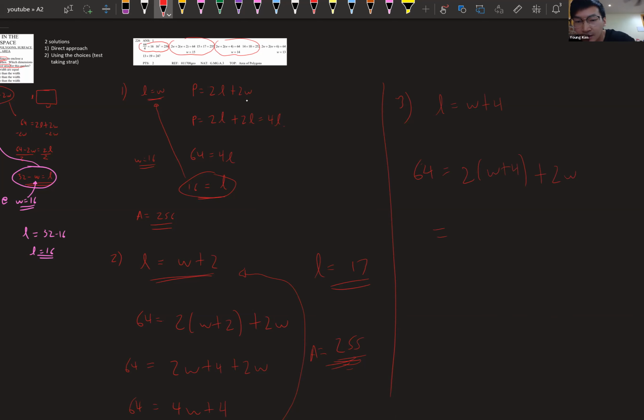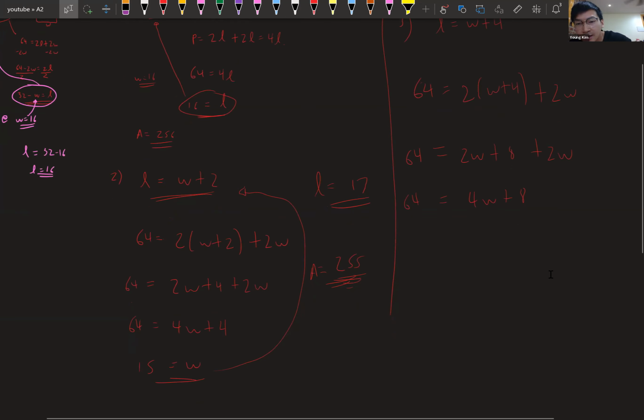Distributing and cleaning this up, you get 2W plus 8 plus 2W, and that's going to give you 64 is equal to 4W plus 8 after you combine like terms. Then you subtract 8 and divide by 4, and you're going to get 14. W is equal to 14.